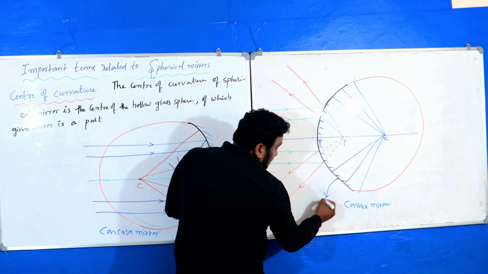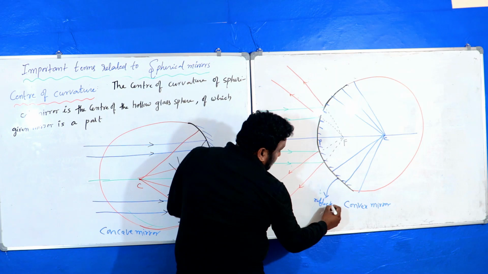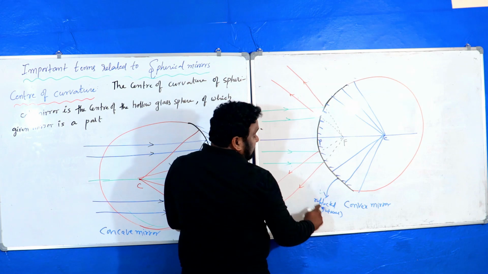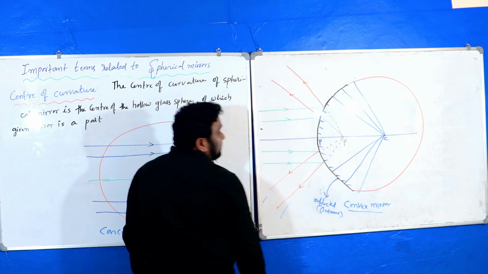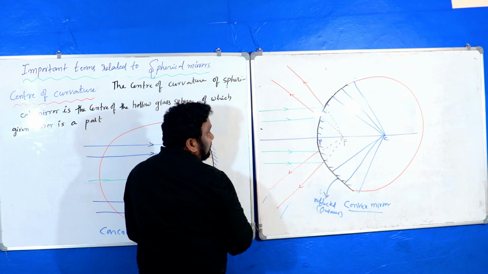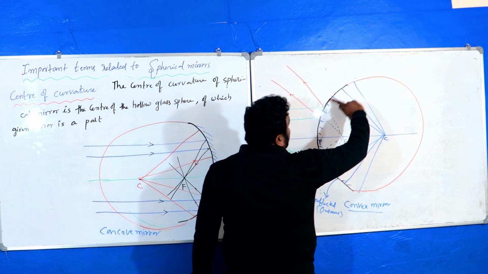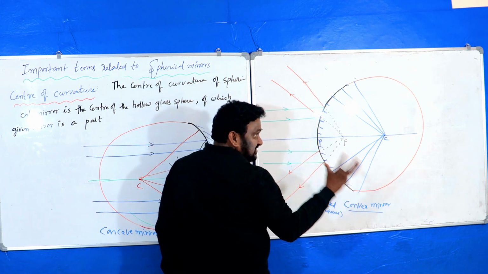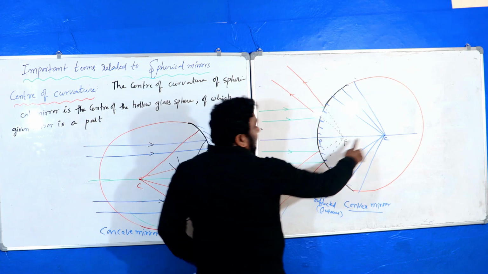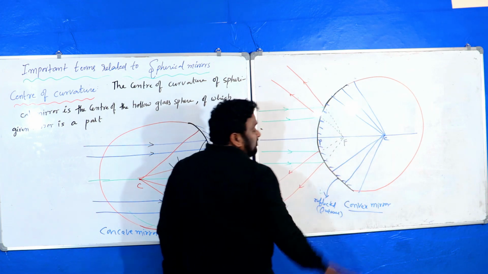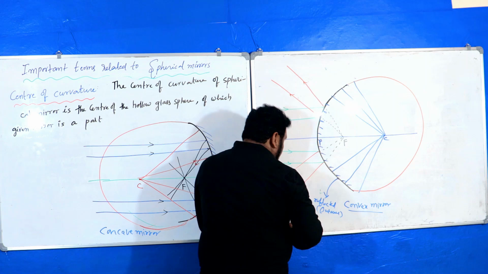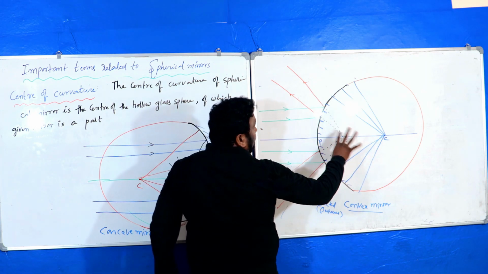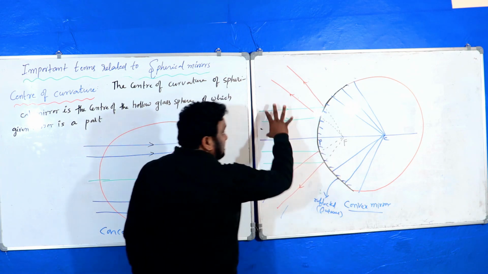And this is the reflecting surface. It is outward. Because the reflecting surface is outward, that is a convex mirror. Clear? By using the convex mirror, we consider one sphere. Imagine it like a glass sphere. The center of the glass sphere is what we call the center of curvature. That's why, to understand the center of curvature very clearly, we have to take some light rays.